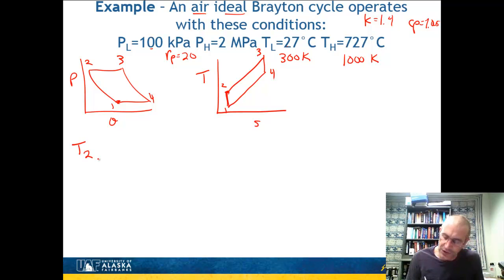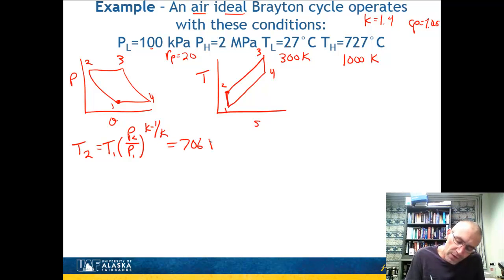This is through the isentropic compressor. So T2 is going to equal T1 times P2 over P1 to the k minus 1 over k. My k is 1.4. I've got my inlet temperature. Make sure you put Kelvin in there, and that number right there is going to be 706 Kelvin. And we can do the same thing going from 3 to 4 because we're given the high temperature is 727, and we're told what the high pressure is as well.